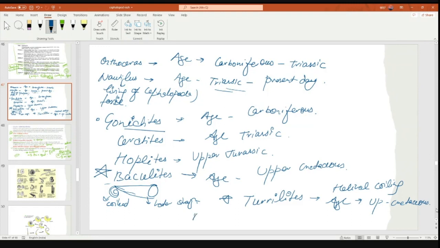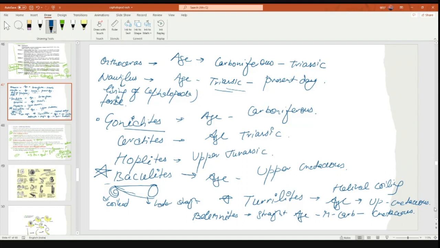And one more which is already extinct, which is Belemnite. This is also straight. Okay, straight, and these are extinct, Carboniferous to Cretaceous. Okay, till Cretaceous these all are extinct.